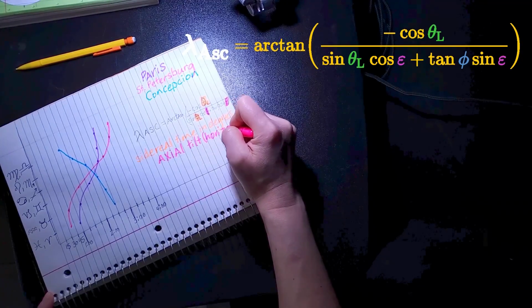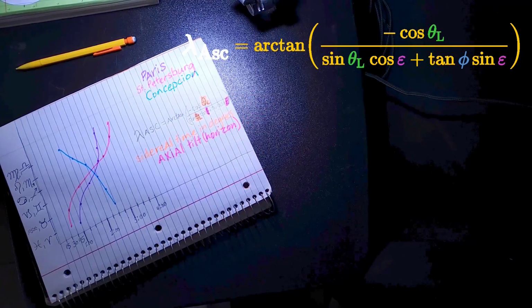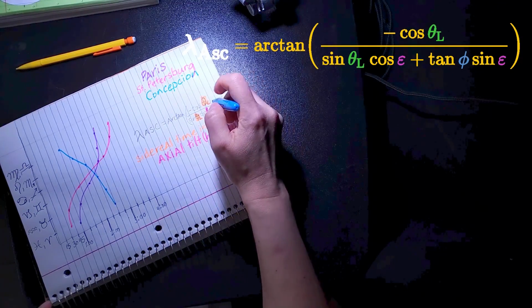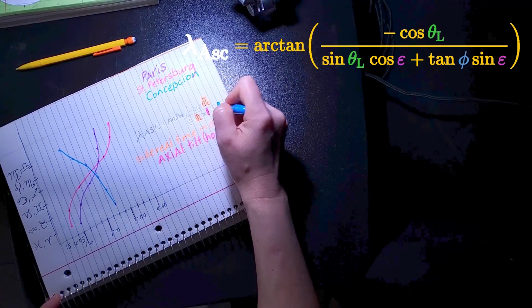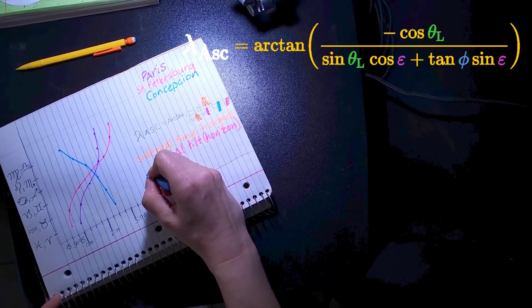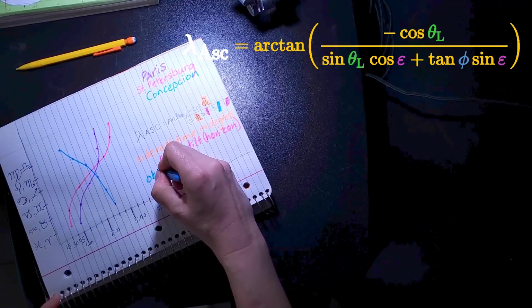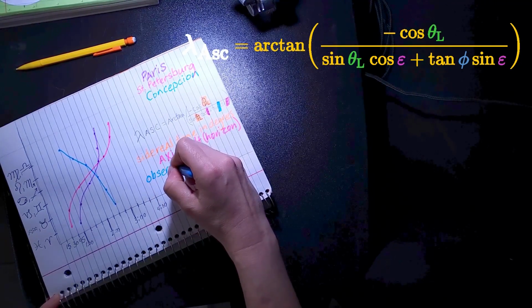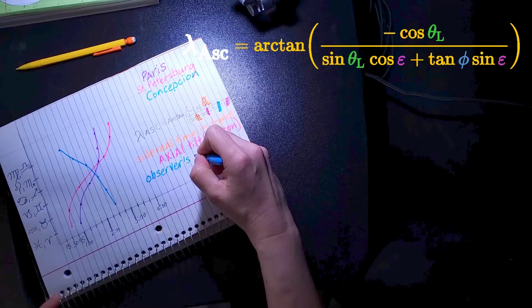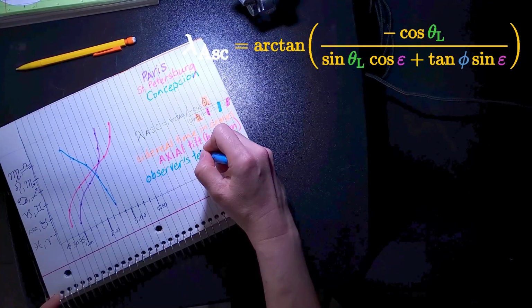So even though it's a lowercase sigma, I think of it as being an E. And then that phi, that one's a phi, represents the observer's terrestrial latitude.